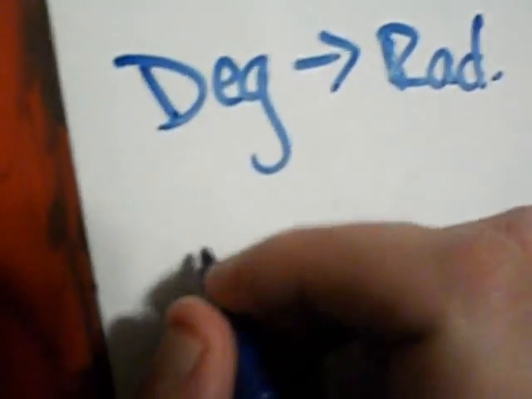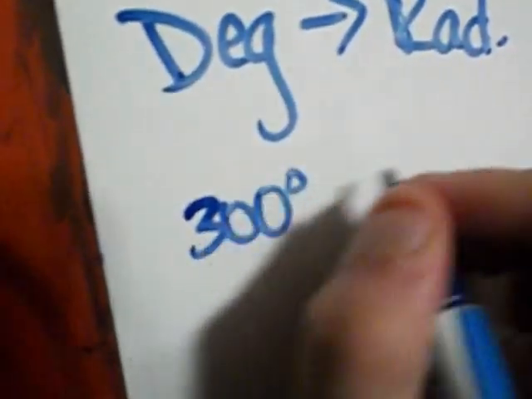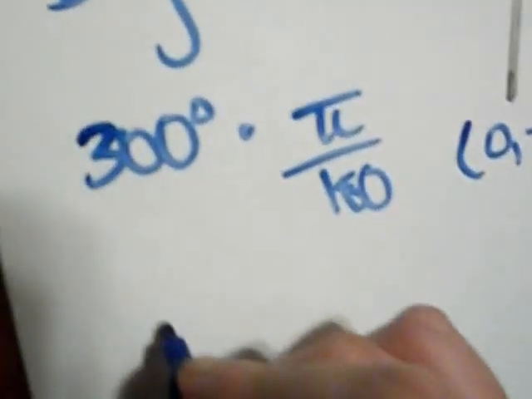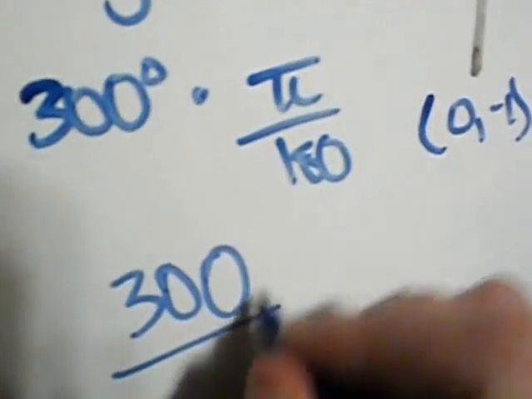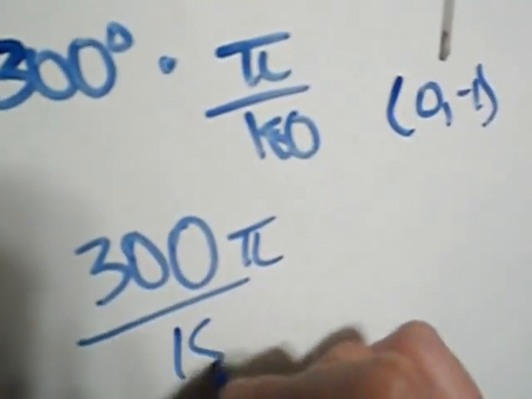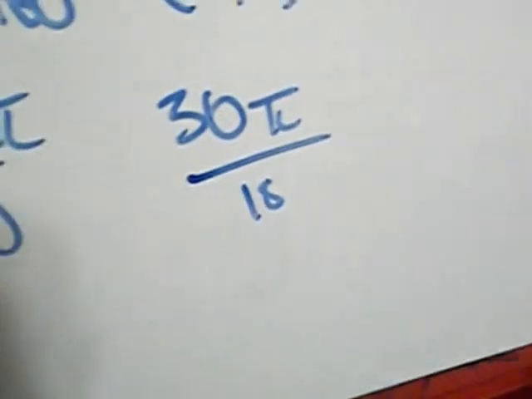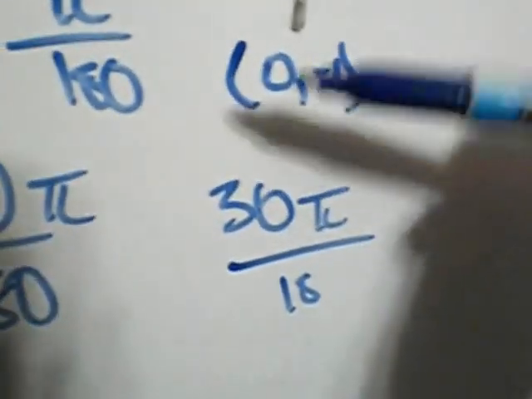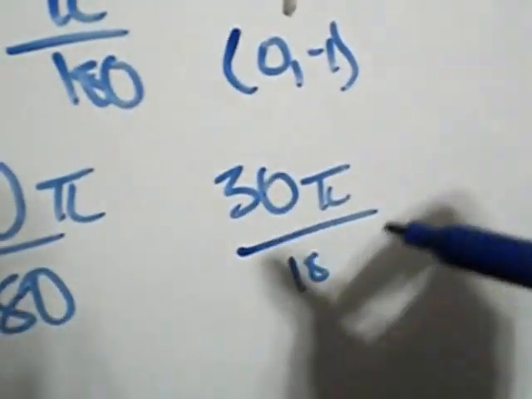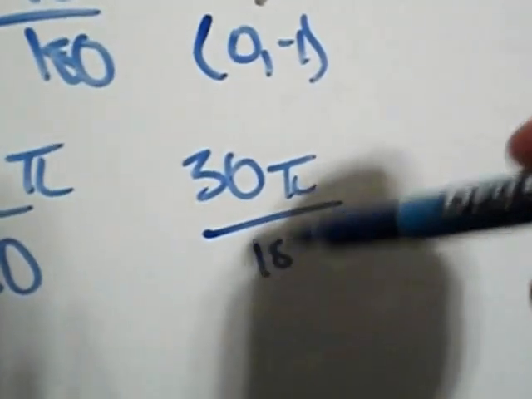I'm going to take the 300 degrees, and it's pi over 180. So it'll be 300 pi over 180, okay? Which then you would divide both by 10, so that'd be 30 pi over 18, and then you could divide these by 3, which then that'd give you 10 pi over 6.